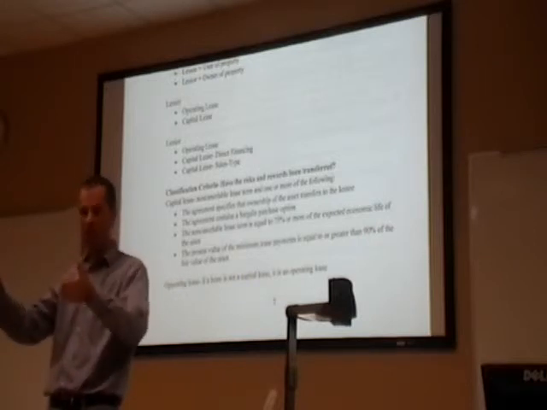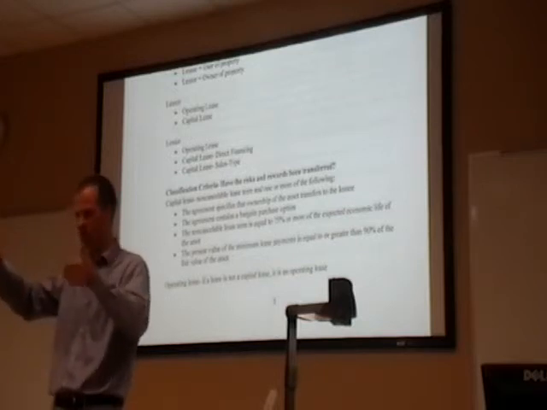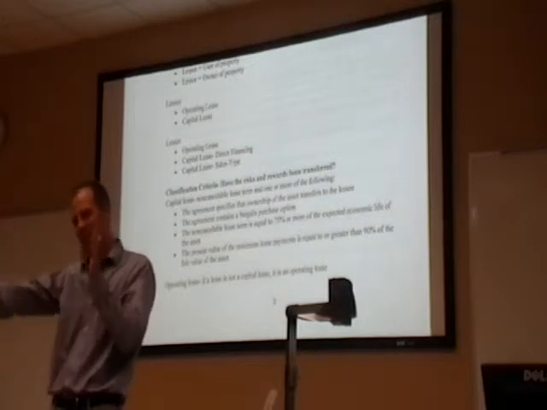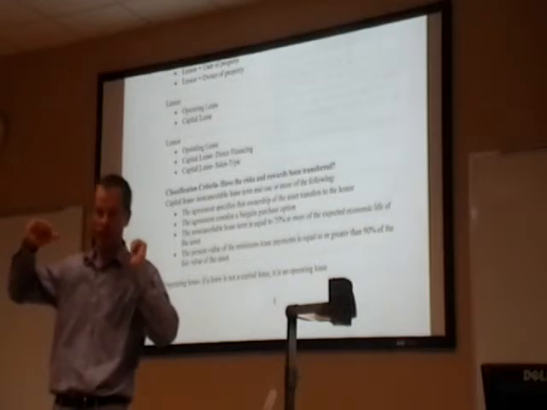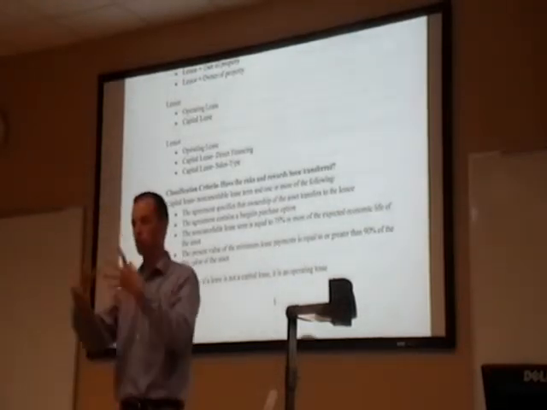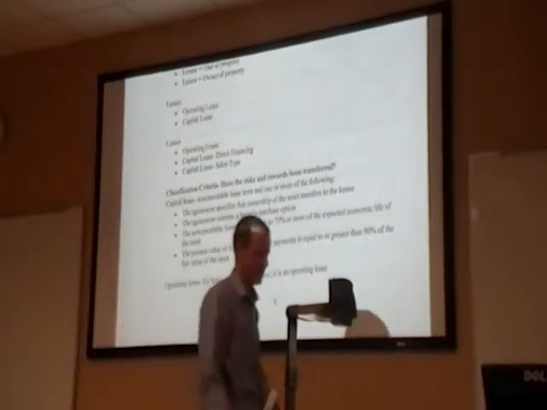If it's 7 years, it can still be an operating lease, because 75% is the line there. So if the lease term is less than 75% of the life of the asset, it can be an operating lease. If it's longer than that, it must be a capital lease, because this is saying that the risks and rewards are transferring, because they're basically using up all the value of the asset, is the idea.